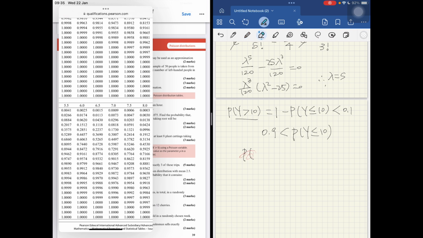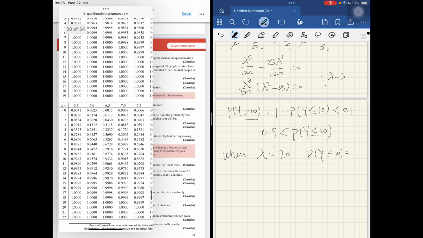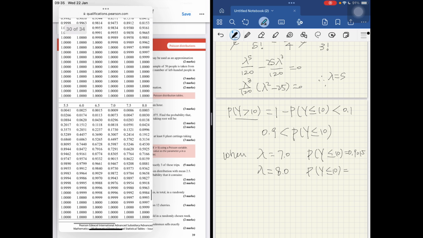So when lambda is 7.0, then probability Y is smaller or equal to 10 becomes 0.9015. When lambda equals 8.0, because it says it's an integer, then it equals 0.8159.